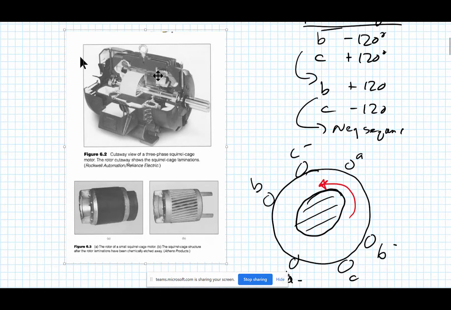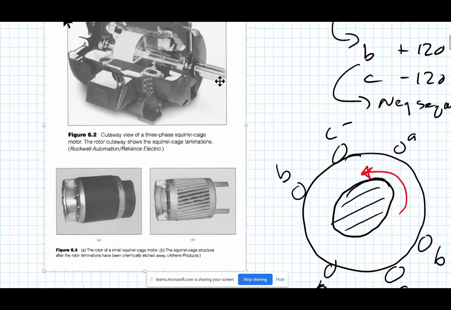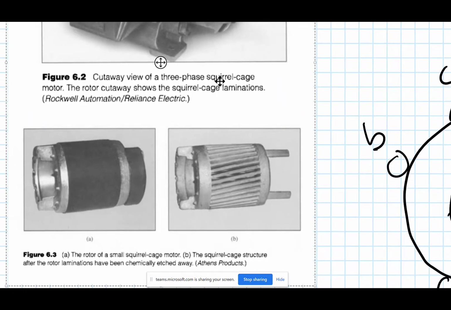Now the induction motor, the windings on the rotor are something to think about, because you could wind those windings on the rotor, but from a manufacturing standpoint, that's still a pretty complicated thing to do. The egg isn't a really efficient way to produce torque, definitely, but coming off of that idea, the squirrel cage induction motor was developed.